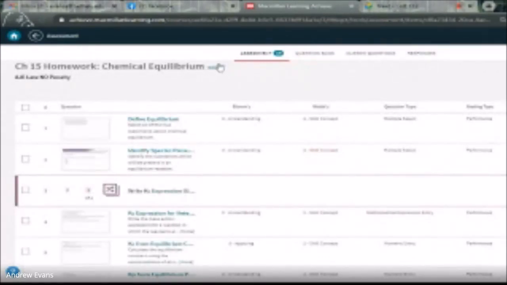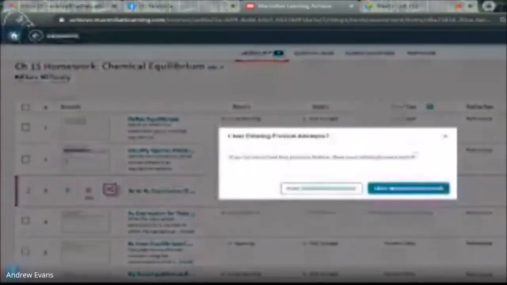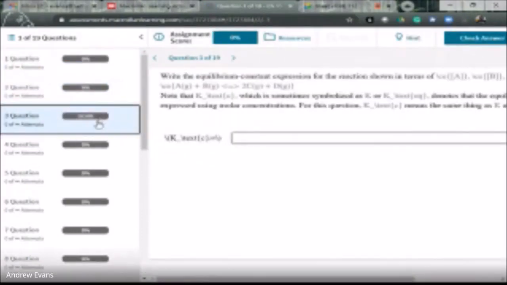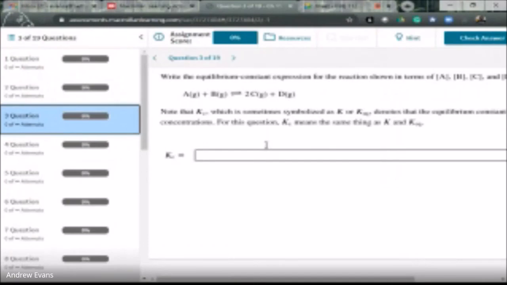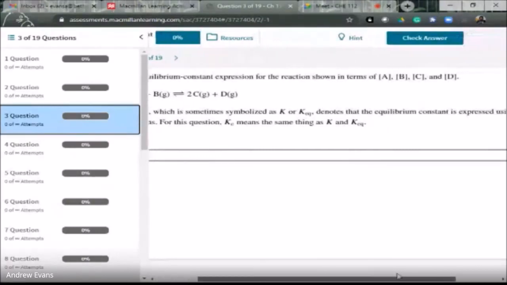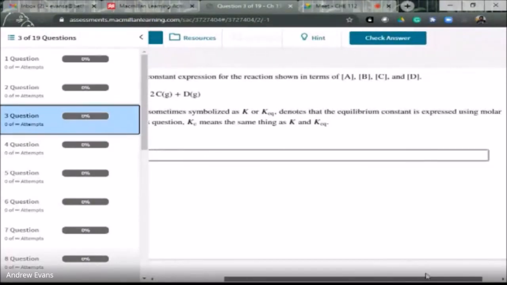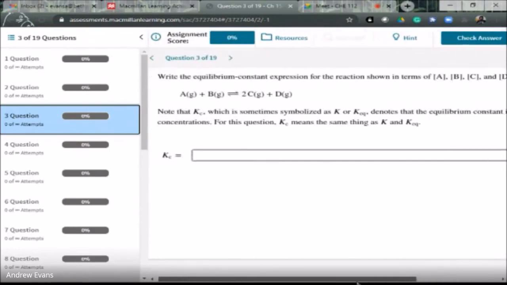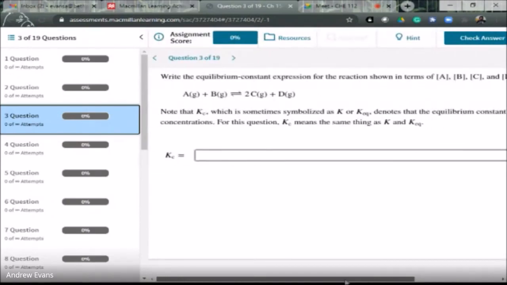Okay, so looking at this, to review some of the first problems: setting up an equilibrium expression. You just have to write that. One thing to watch out for is to put brackets if they're asking for concentration, so if they say Kc or Keq, put brackets around our things.